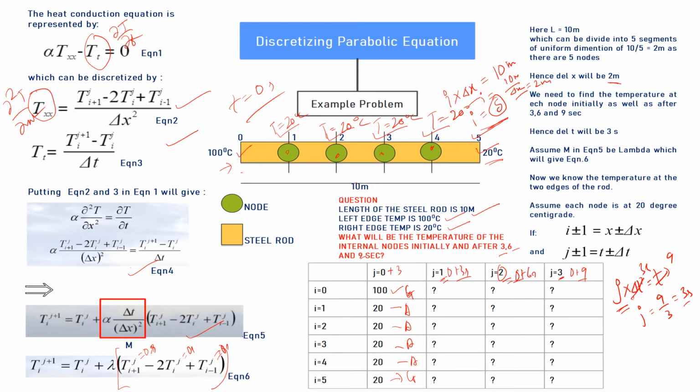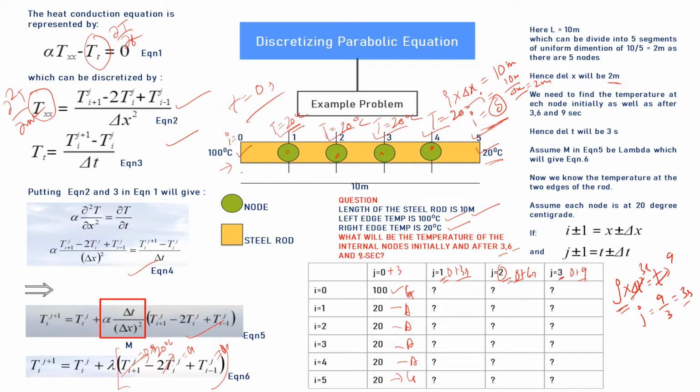Now what is the temperature at 0 second for i plus 1? If I assume that i is equal to 0, then what is the temperature at i plus 1? It is 20 degrees centigrade. This is your i plus 1. So this value will be 20 degrees centigrade minus 2 into Tij. This i is this one, i equal to 0.